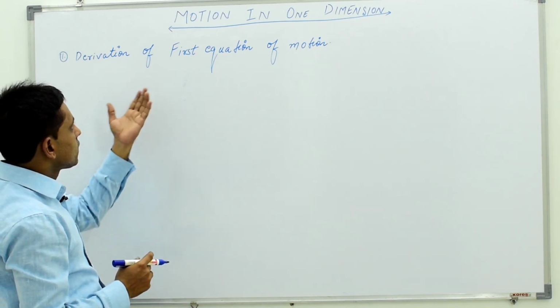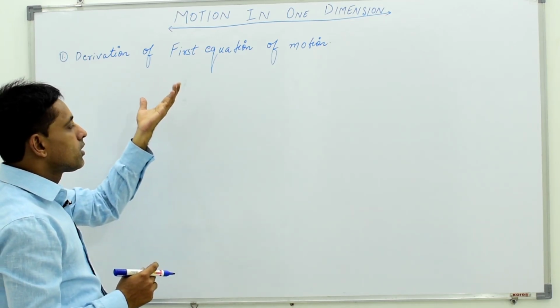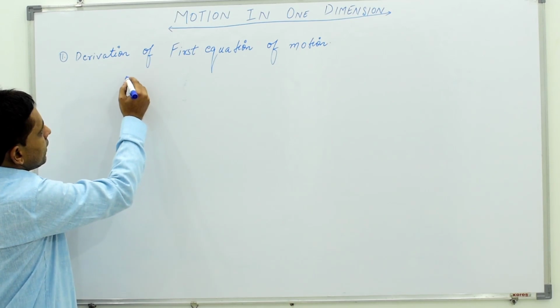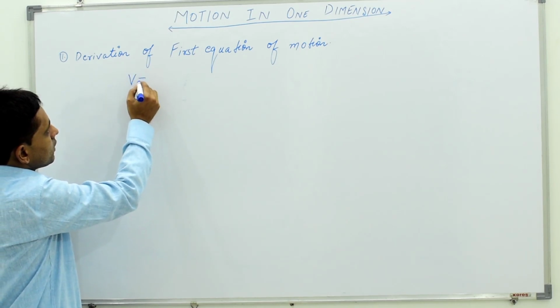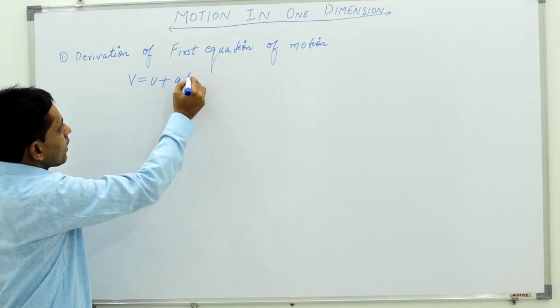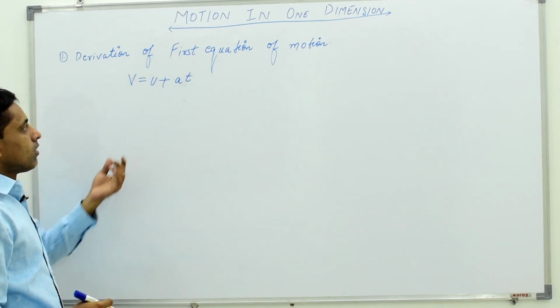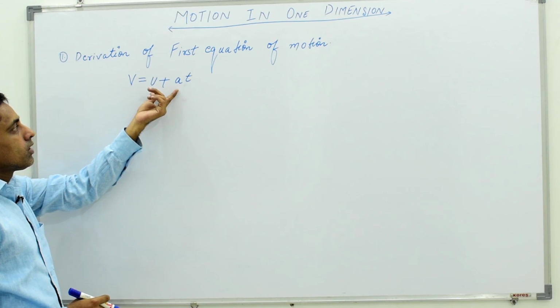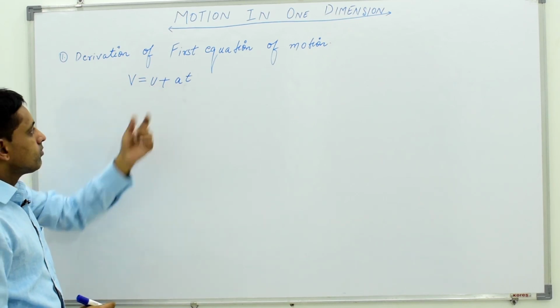We are going to discuss the derivation of first equation of motion. It is given as V is equal to U plus A T. We will see that from where this comes.